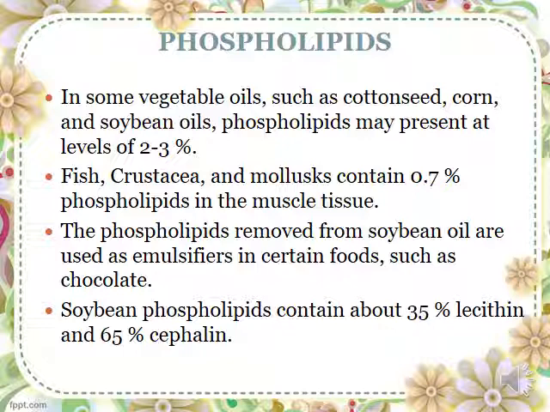In some vegetable oils, for example cottonseed, corn, soybean oil, the phospholipid is present at a rather low percentage, in the range of 2 to 3. In fish, crustacea, mollusk, those with shell, there is about 0.7% phospholipid in the muscle tissue.